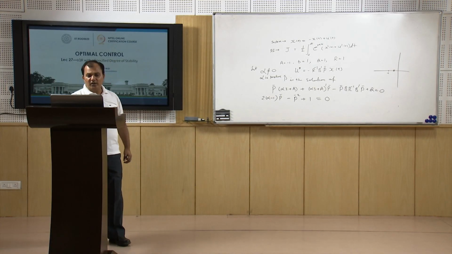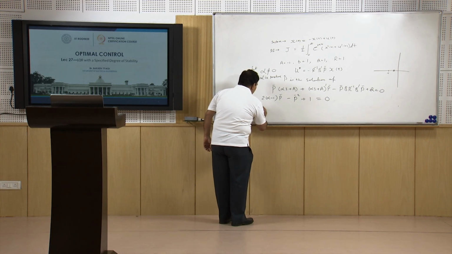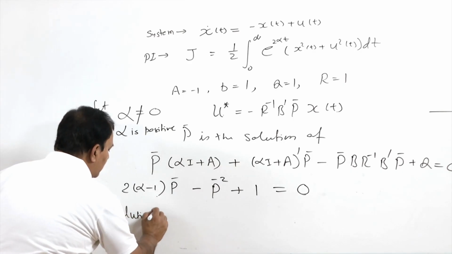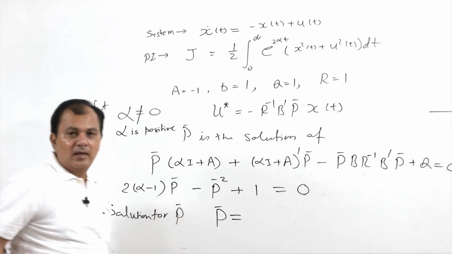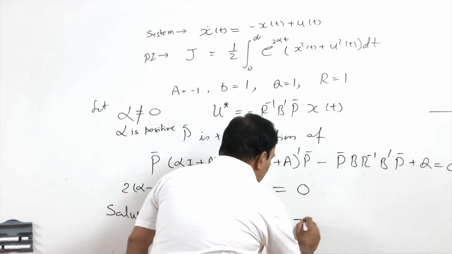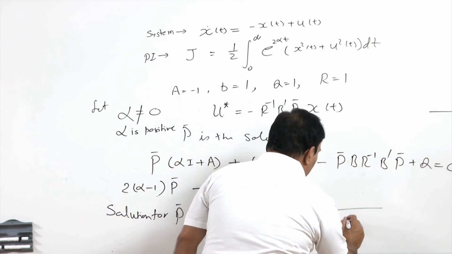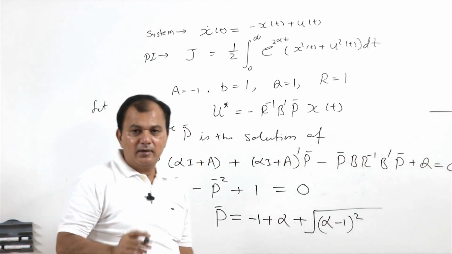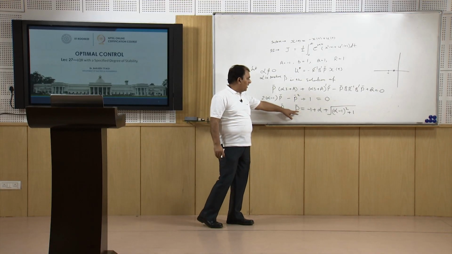And if I will find the root of this, so this will give me the solution as P equal to minus 1 plus alpha plus square root of alpha minus 1 square plus 1. So, this is my P bar.